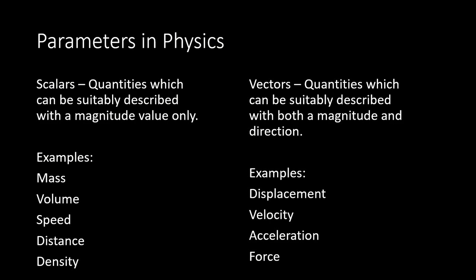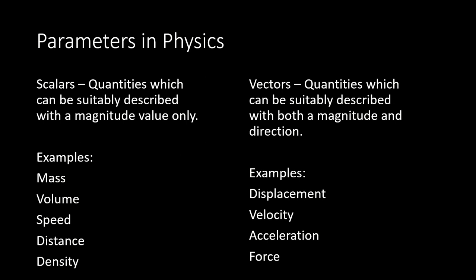Some basic parameters when it comes to physics is that usually all of our measurements can be broken down into either scalars or vectors. A scalar is simply any quantity which can perfectly be described with only a magnitude. In essence, its properties do not depend on the direction that measurement is being applied.